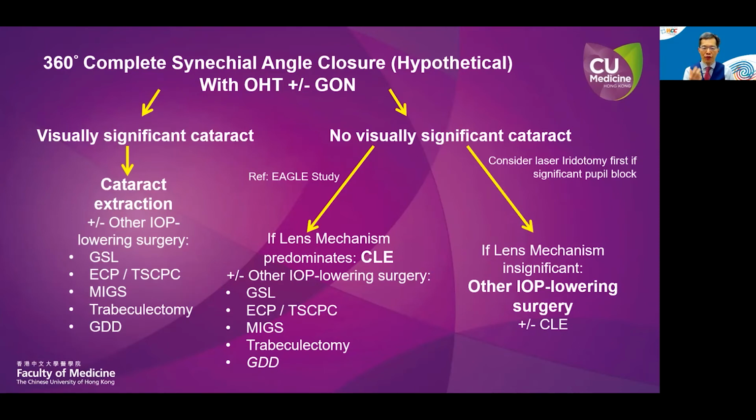bypass the drainage angle. Now, in this scenario, if you have visually significant cataract, then of course you may also start with cataract extraction, depending on the starting intraocular pressure and the requirement for drugs, as well as the targeted extent of IOP reduction.